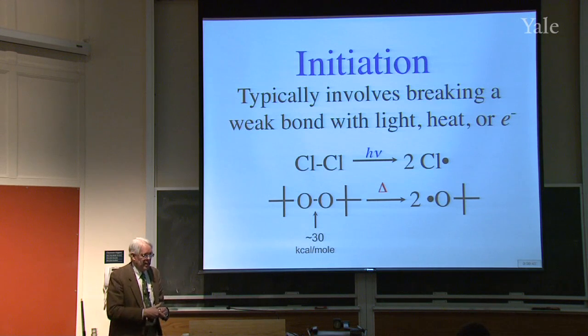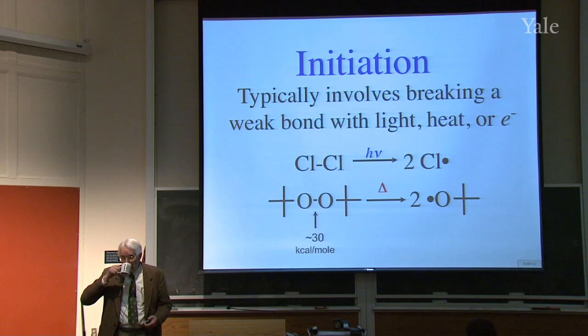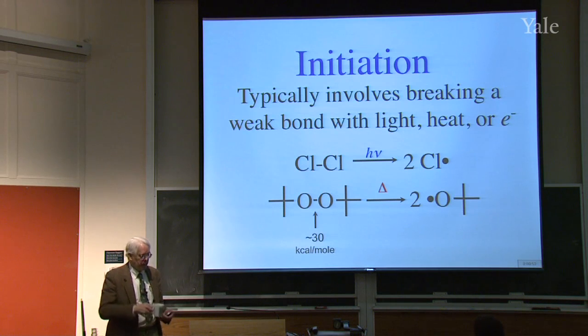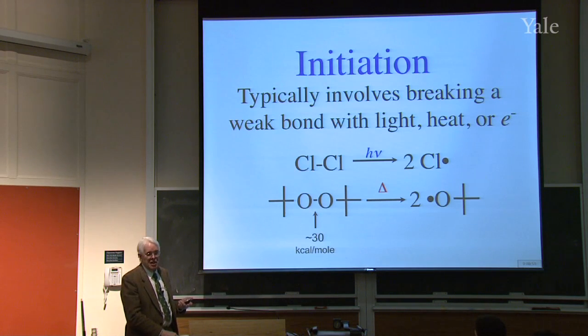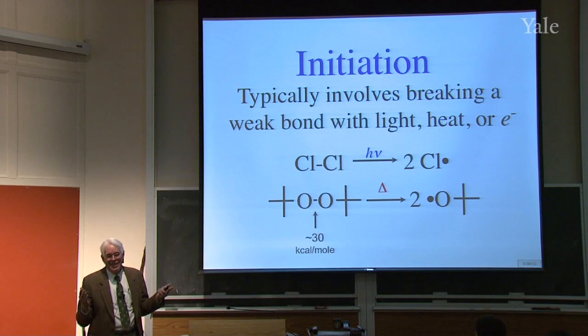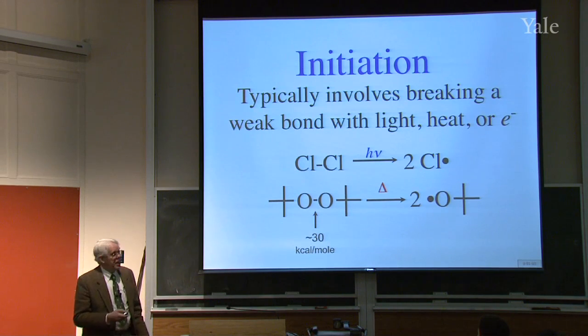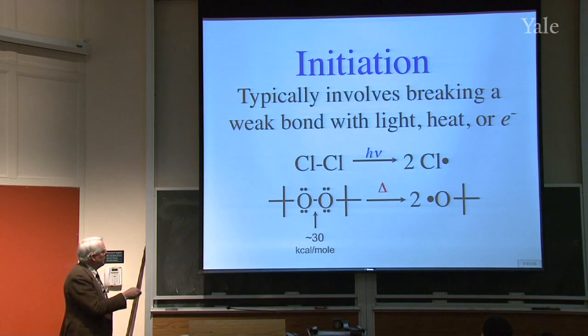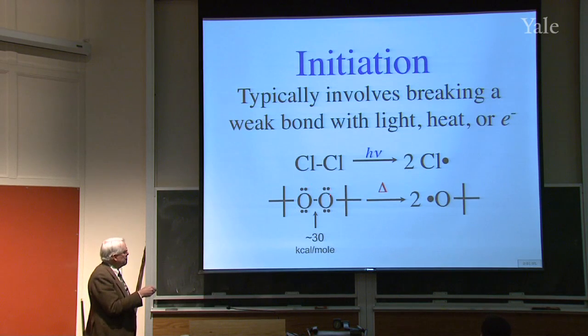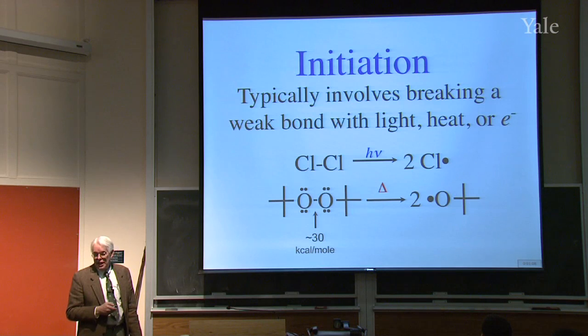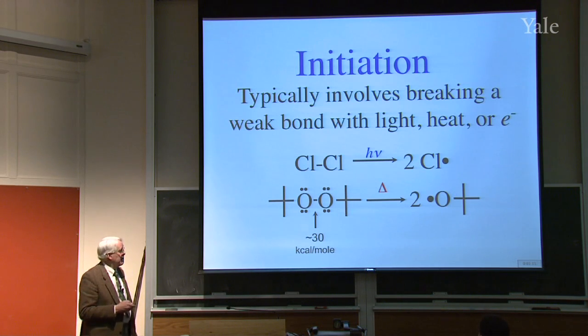What are the energies of other sigma bonds we've been talking about, more or less? CC or CH, for example, order of magnitude. 100, right? 3 times as strong. So this is an unusually weak bond, so you can do it with heat. And the reason it's weak is because you have repulsion among these unshared pairs of electrons that you don't have in the other cases.